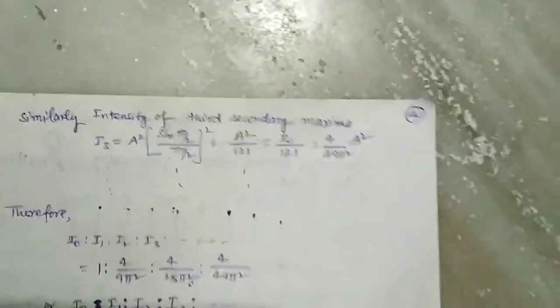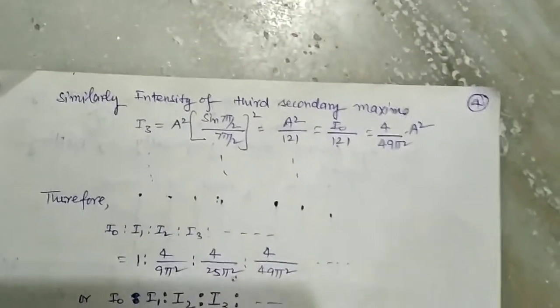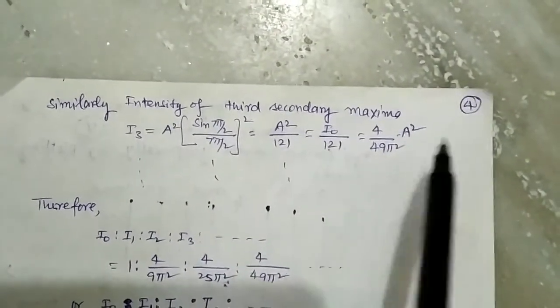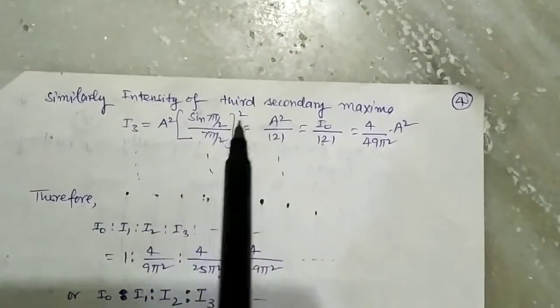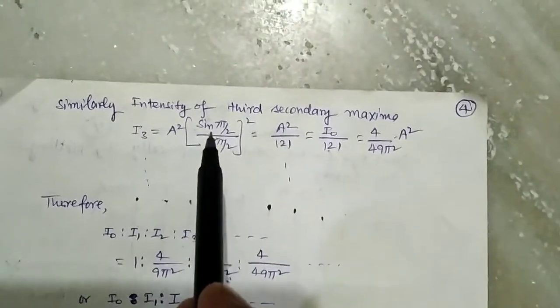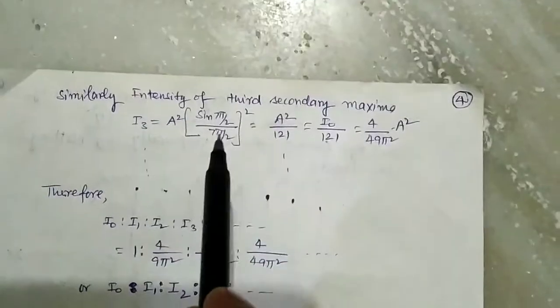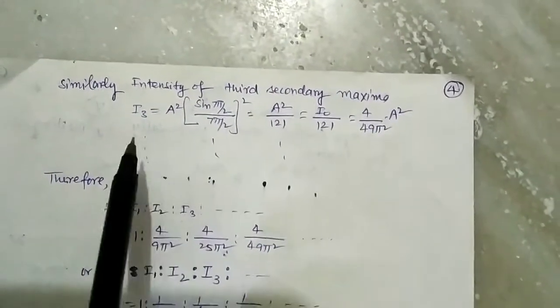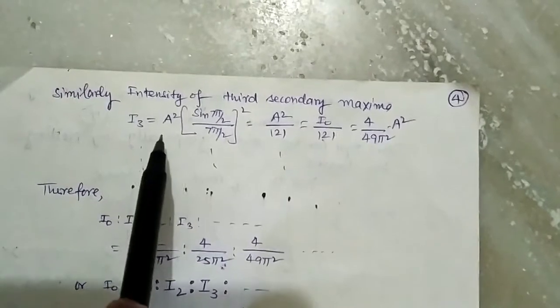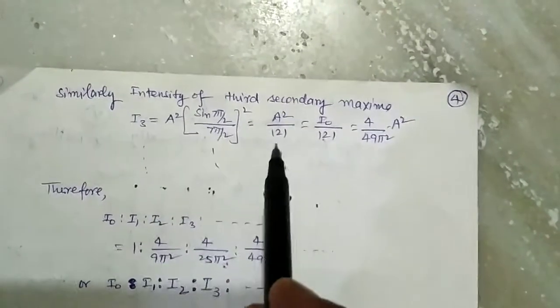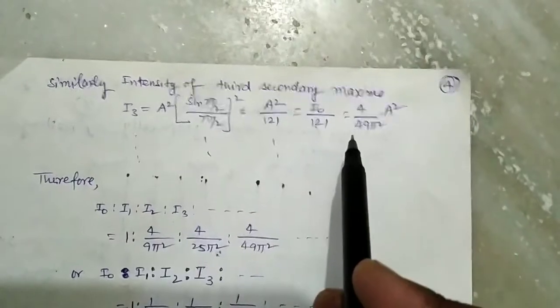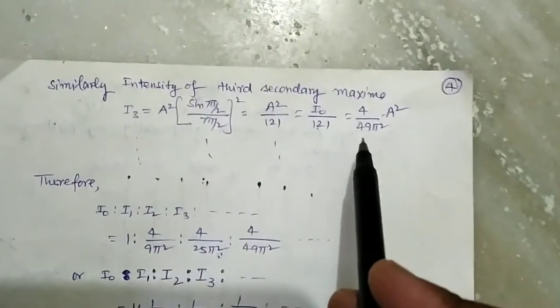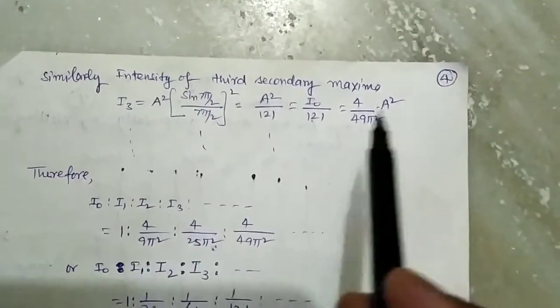Similarly, we can find out the intensity of the third secondary maxima, in which we take alpha is equal to 7 pi by 2, and finally we get this result: I3 is equal to a square upon 121 is equal to I naught upon 121 is equal to 4 upon 49 pi square into a square, and so on.